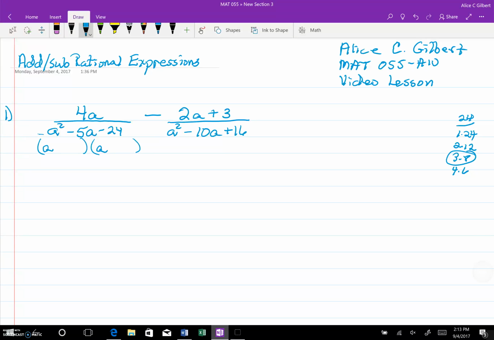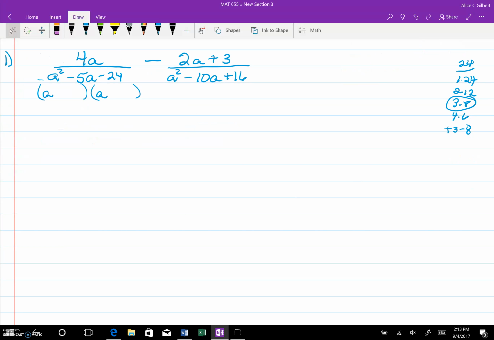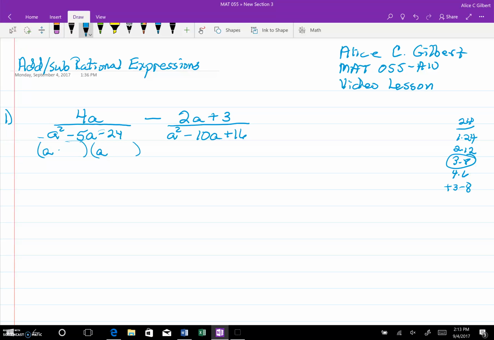So it's going to be 3 and 8. Needs to be a plus 3 and a minus 8. When I add these two together, I get -5, which is exactly what I want. And then positive times a negative is a negative, and that's what this is before the 24. So, very good. Plus 3, minus 8.